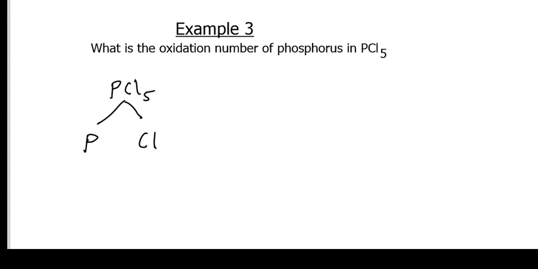Now the number of chlorine here, take it to the top of the phosphorus, so it gives us 5 plus, which is the charge of the phosphorus. Then the number of phosphorus here is 1, take it to the top of the chlorine, that gives us minus 1. So the charge of phosphorus in this compound is simply plus 5.